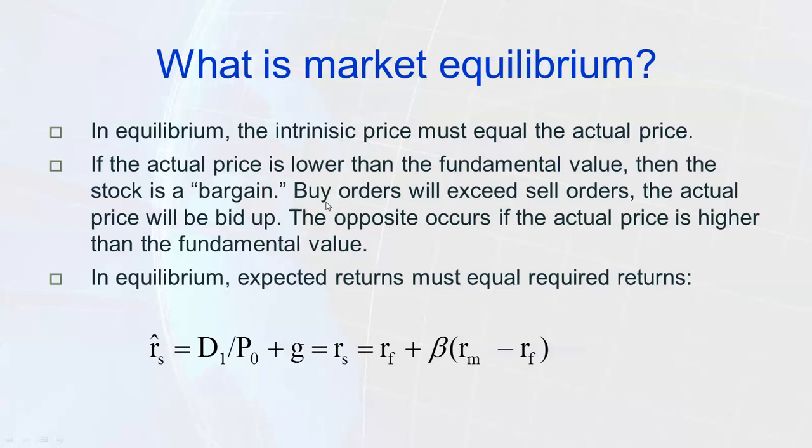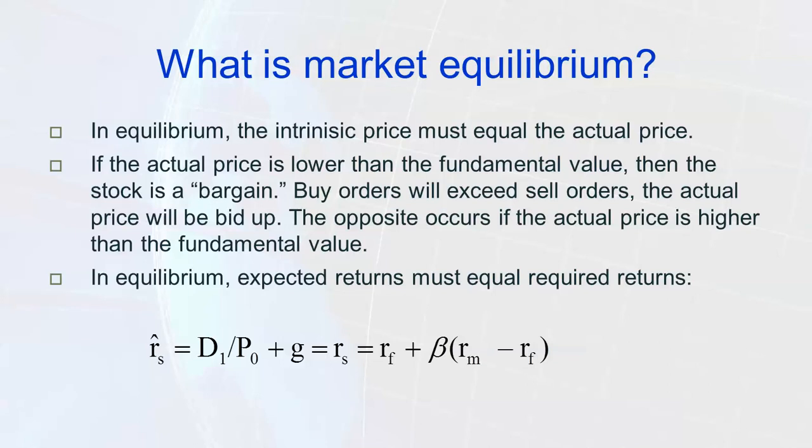The stock is cheaper, so there will be more buy orders. This is an undervalued stock, so a lot of people are going to buy it. If the price is higher than the intrinsic value, then there's going to be selling pressure.